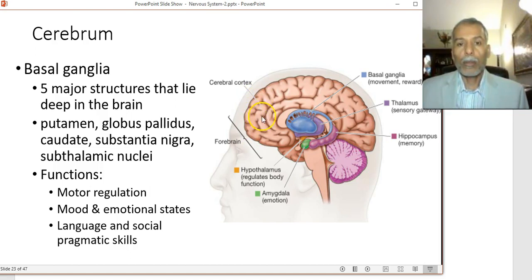So there are three major connections between the prefrontal cortex and the basal ganglia to control your social communication, your mood and emotional states, and movement and the range of movement and so on.